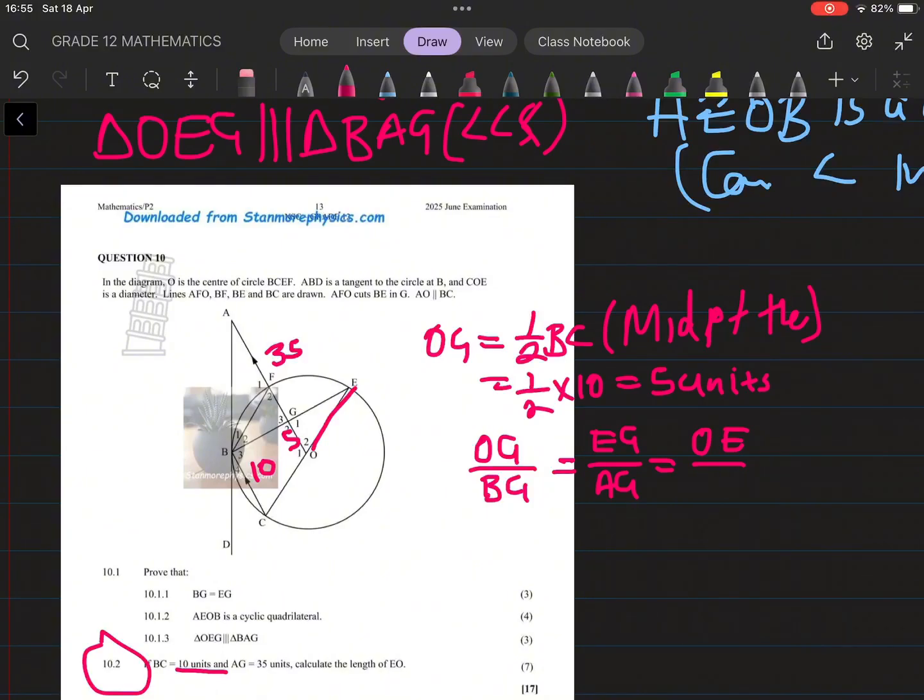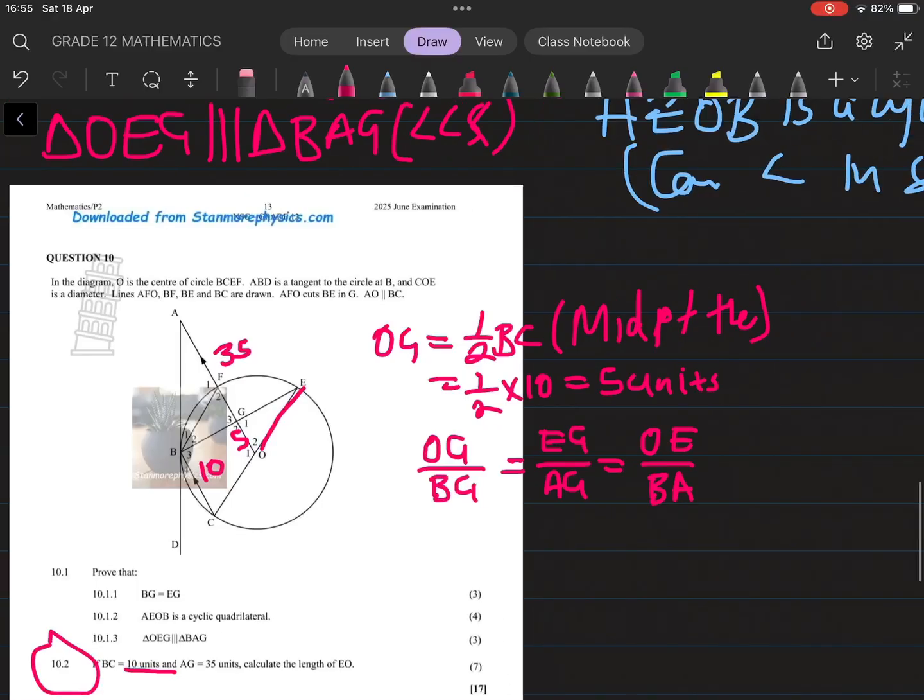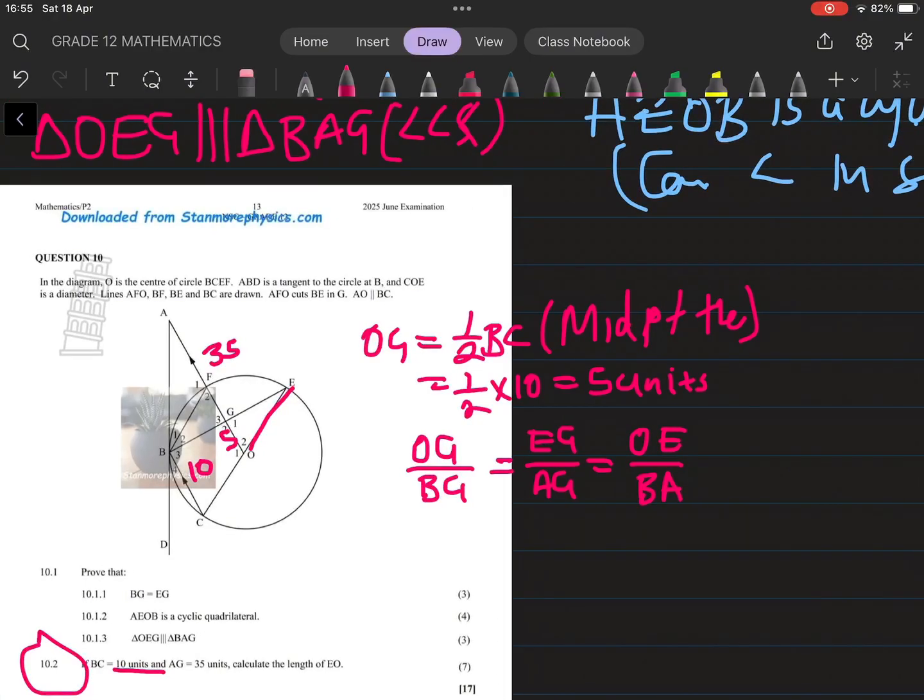Right, that follows the proof of 10.1.3. We have proven that the two triangles are similar. Right, similar triangles. Can use that as another reason.